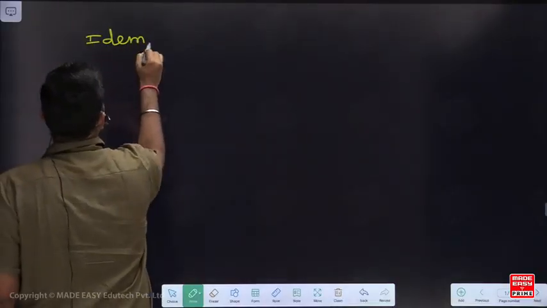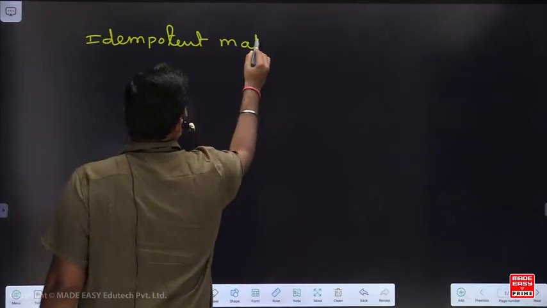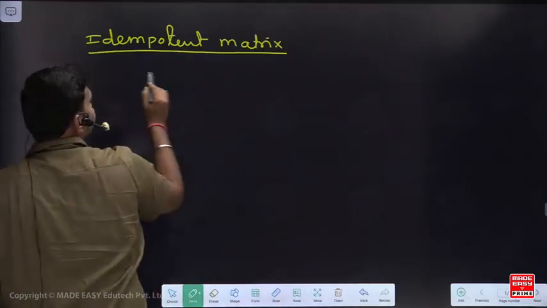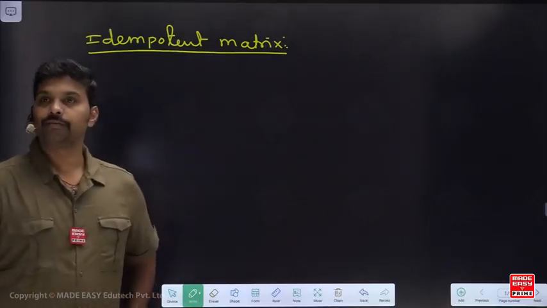Yesterday I stopped at this idempotent matrix, right? So this is the idempotent matrix.